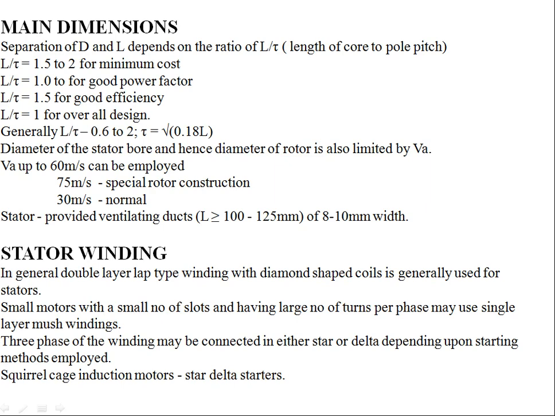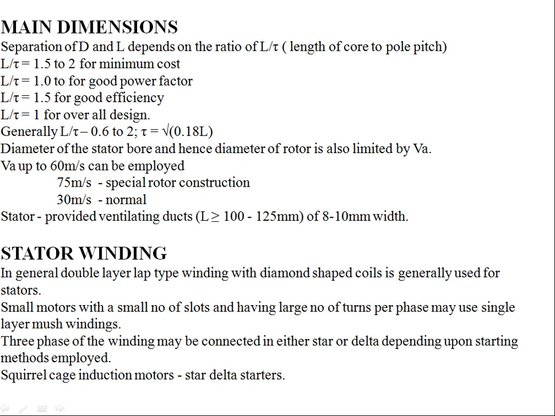The three-phase winding may be connected in either star or delta depending on the starting methods employed. Usually, squirrel cage motors are started by star delta starters, so the stators are designed for delta connection.